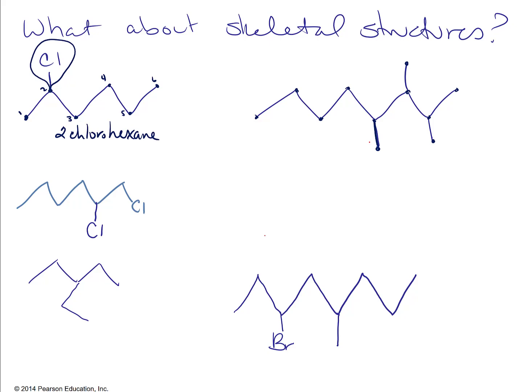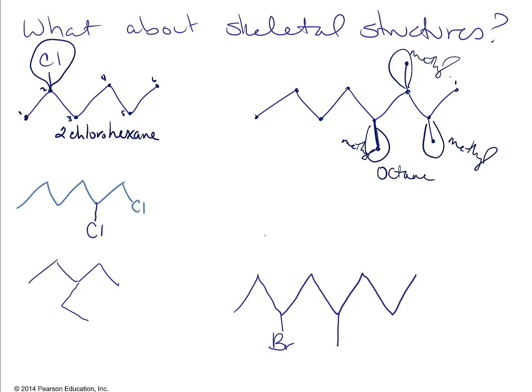So if you have just a stick hanging out, what is that group? It's not an ethyl, it's just a single carbon, so it's a CH3. It's a methyl. Okay, so a single line sticking off of your chain on a skeletal structure would be a methyl. So we said it was 8, so that's octane. So that means that this is a methyl and this is a methyl. Which way do I number from? From the right.